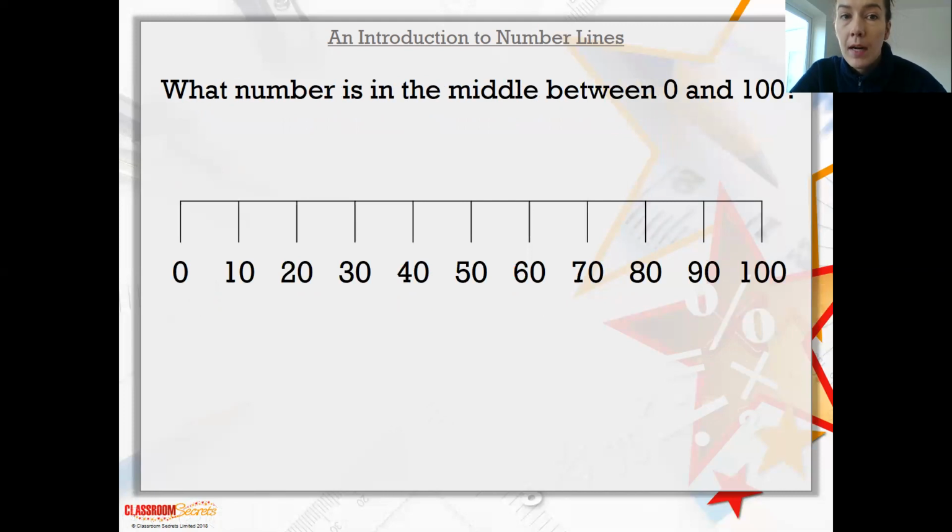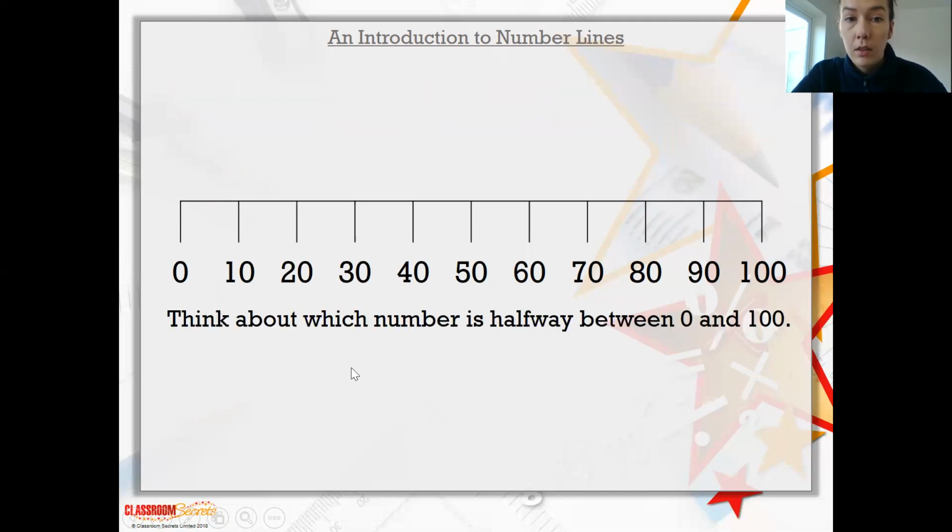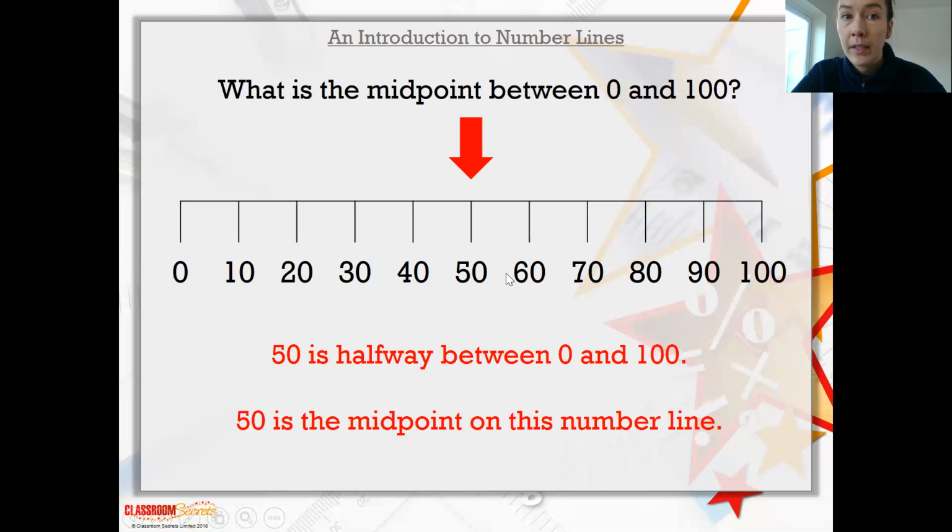Oh, right, this one. What number is in the middle of 0 and 100? Okie doke. Thinking about this carefully. What number is in the middle? So you could almost do it as find half if you want to do it that way. Or you could literally look to finding the midpoint between 0 and 100.